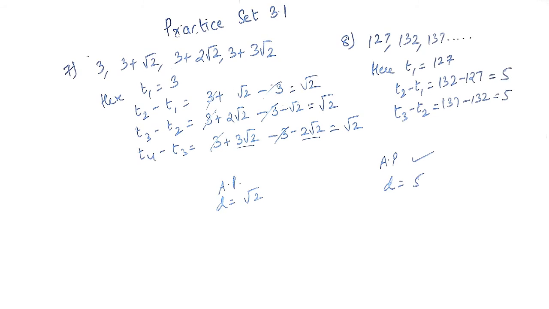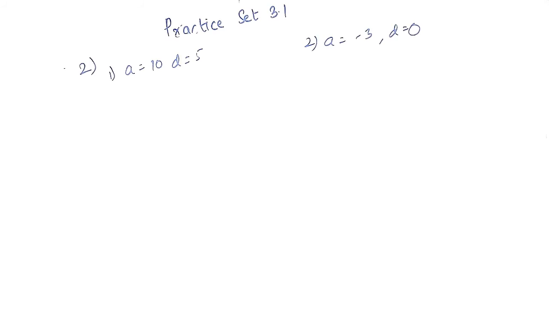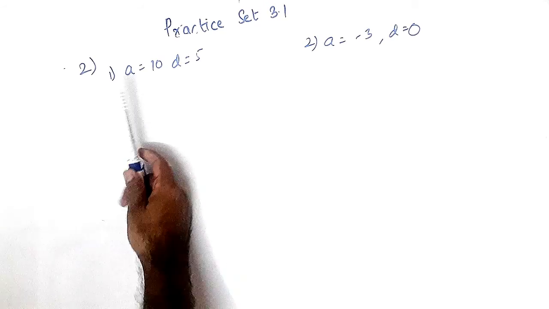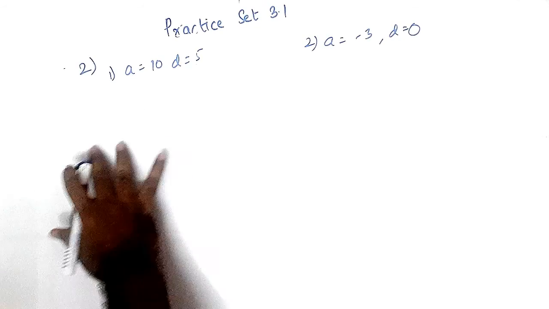Now what we have to do in question number 2 is write an arithmetic progression for first term is A and common difference is D. Very simple. So A means the first term of an AP.